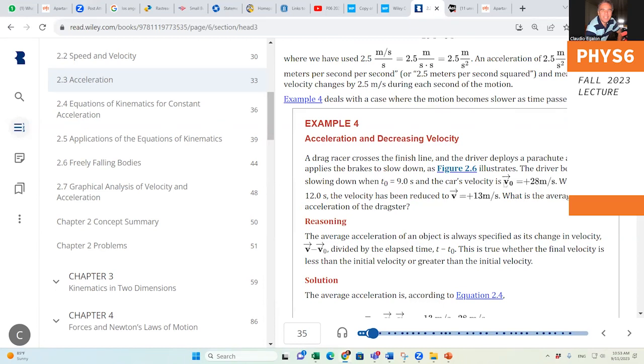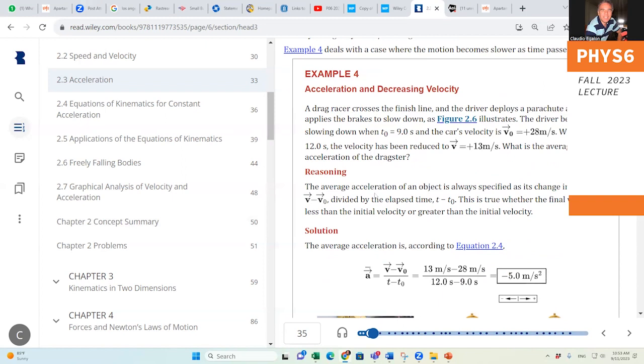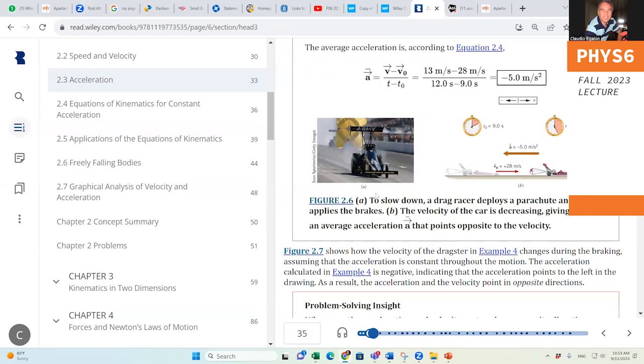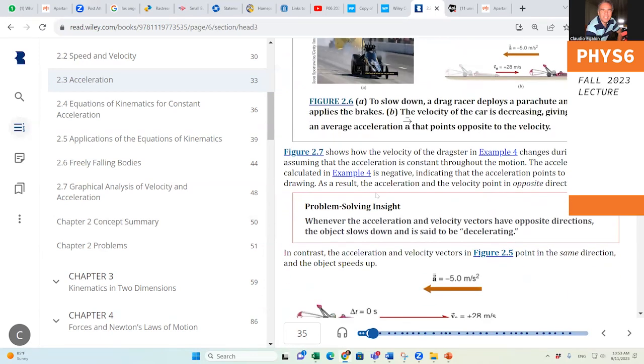At this moment, his velocity is 28 meters per second. At t equal to 12, the velocity is reduced to 13 meters per second. Watch out for those problems so you can solve them properly.